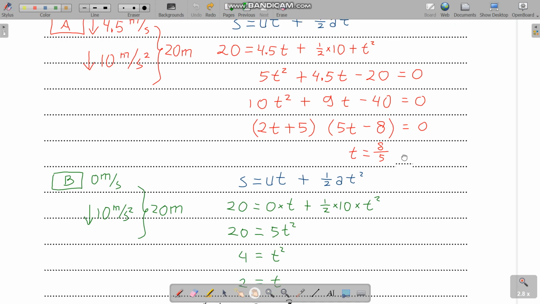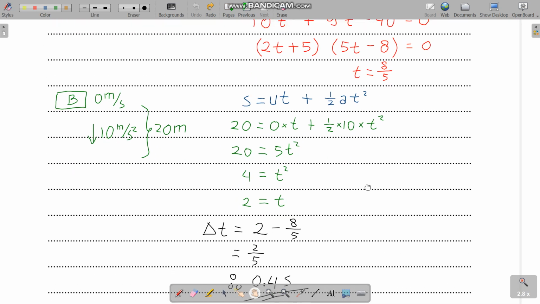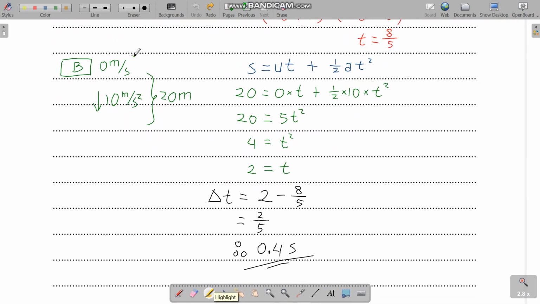And now for B, after the collision, B is at rest, so the velocity is 0. For this calculation, we're going to use going down is positive again. The u is 0, the a is 10 positive, going down 20 positive. So we use the same formula. We have the t.